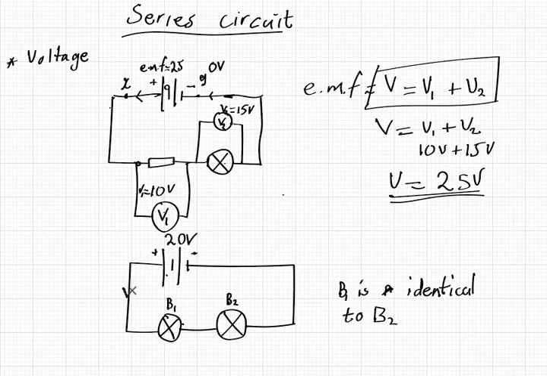Because each and every charge that leaves the power source is going to pass through B1 and B2. Because they are of the same resistance, the difficulty for the charge to pass through them is the same. So the charge is going to use an equal amount of voltage in this bulb and in this bulb.